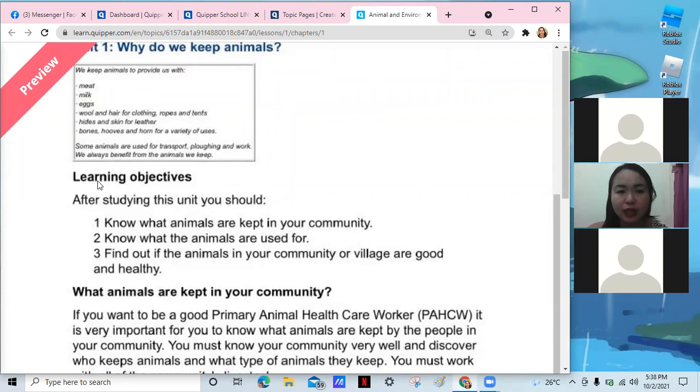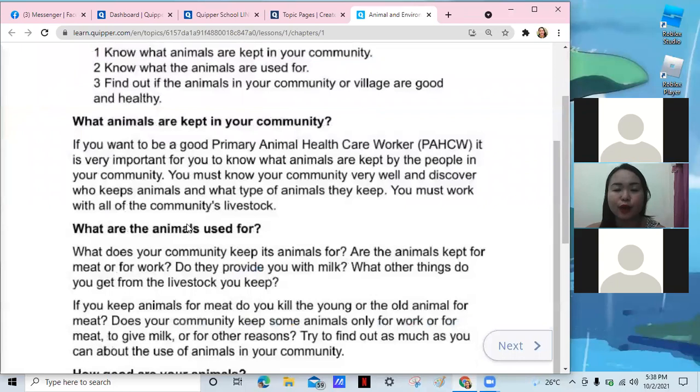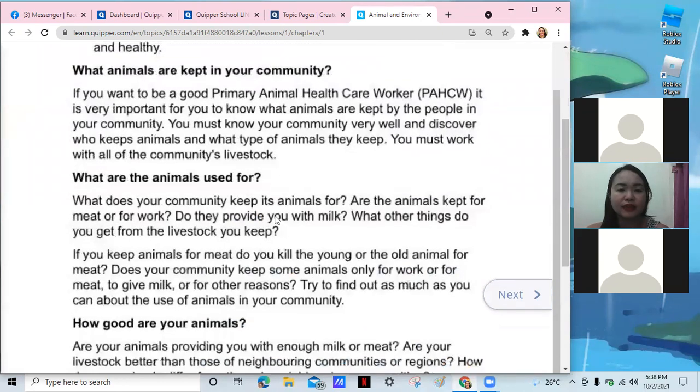But it's for livestock, it's possible, since we are really producing them for our purpose. So these are the objectives: to know what animals are kept in our community, of course, for our milk and meat, and what their uses are, and also whether the animals in our community or village are healthy. So these are questions that we really need to ask within our community.